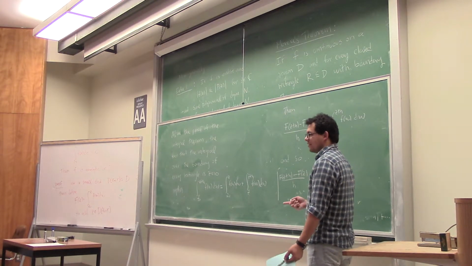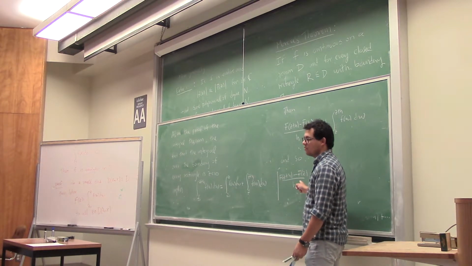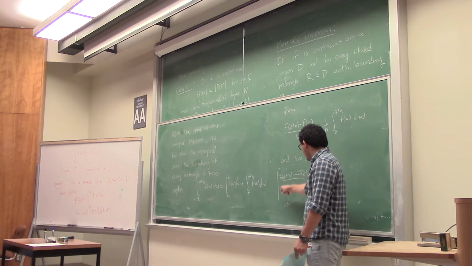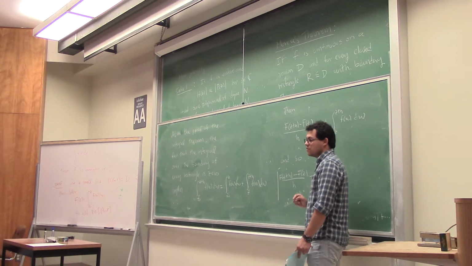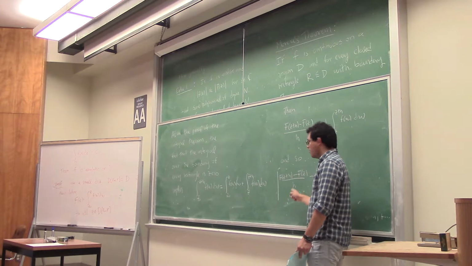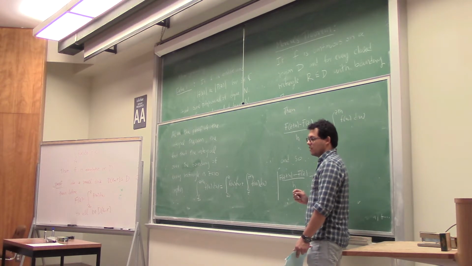That means I want to prove that F is differentiable and the derivative is f of z. That means I want to prove that this modulus goes to 0 as h goes to 0. Because that would imply that the limit as h goes to 0 of this part is exactly this.